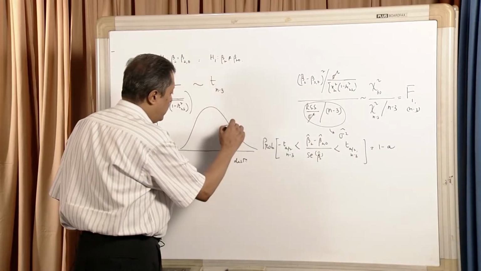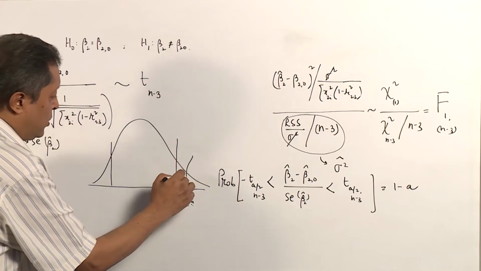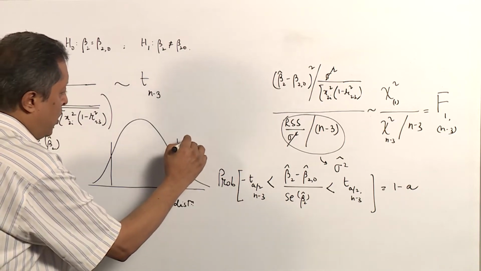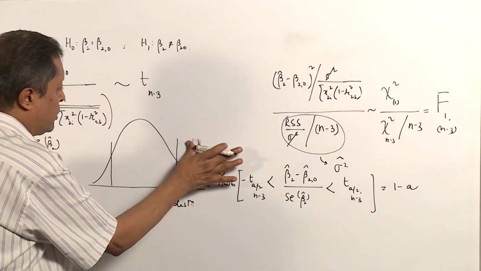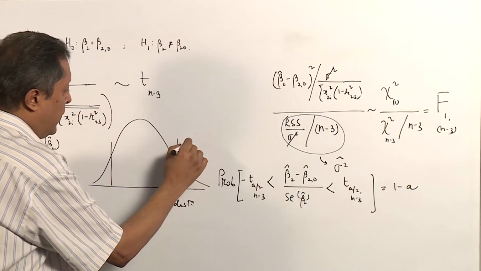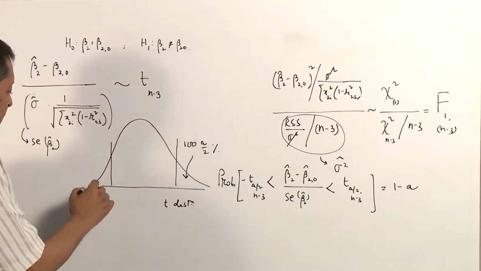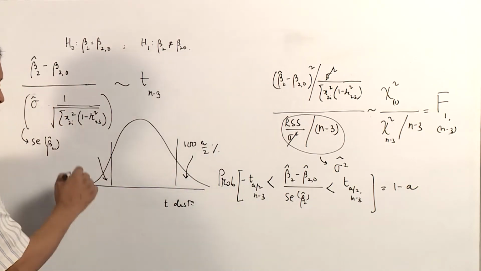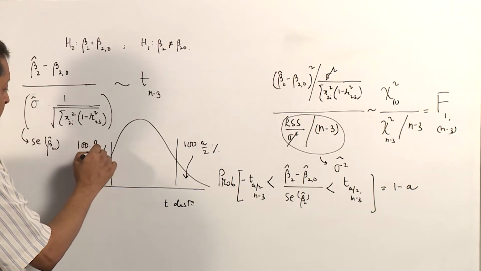So, we have two goal posts, and to the right of this goal post the probability is a by 2, or to be more specific we can write 100 into a by 2%. Similarly, to the left of this goal post probability is 100 into a by 2%.